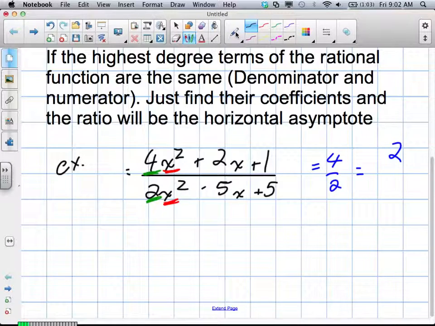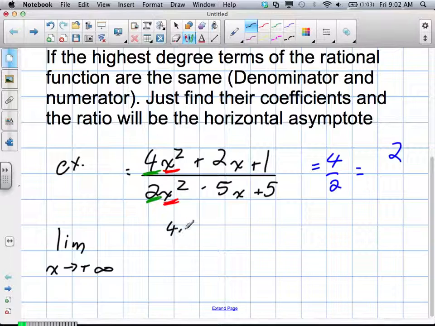In order to test this, we're going to find the limit as x tends to, let's say, positive infinity. Now remember, the first thing we wanted to do was find the highest degree of both the numerator and denominator, and we already have it. It's x squared, and we're going to divide every term by that.